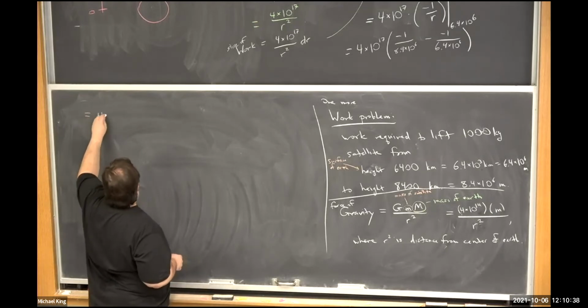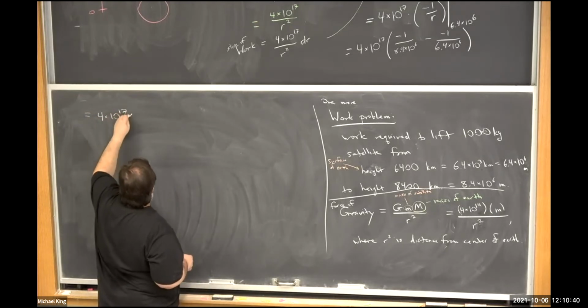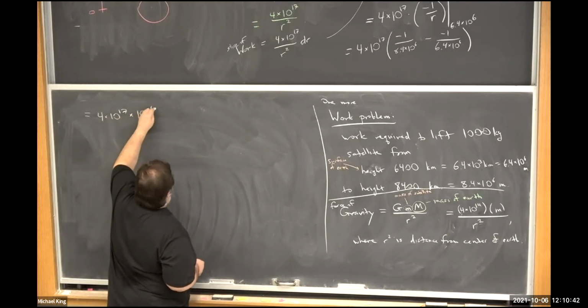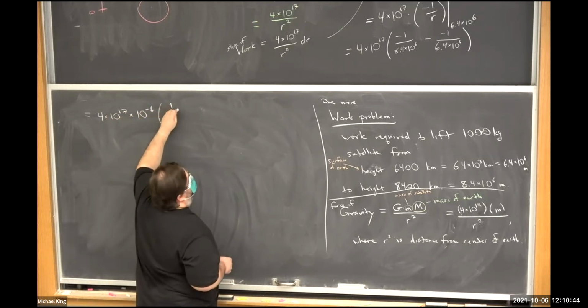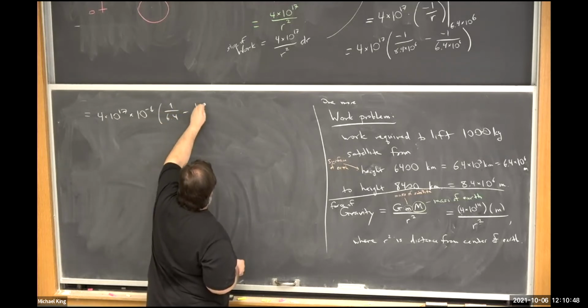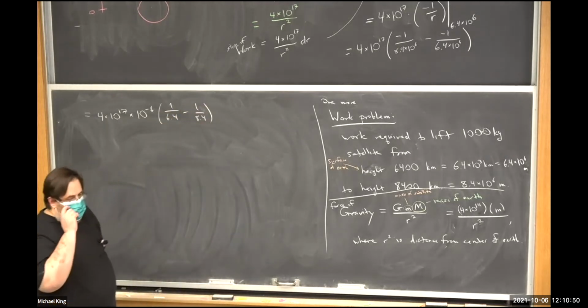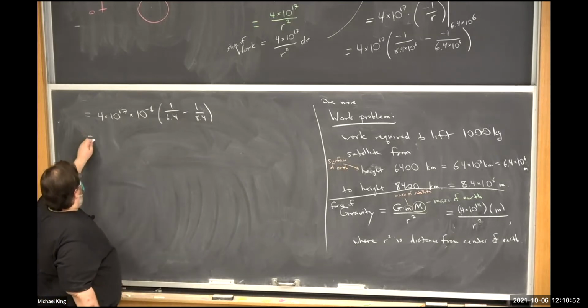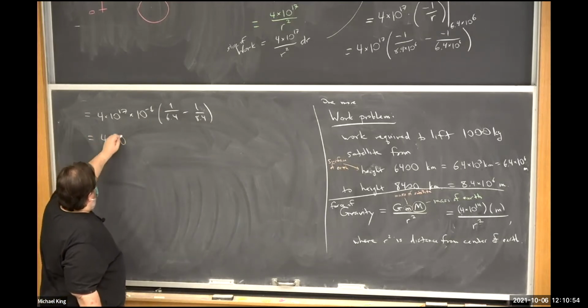So 4 times 10 to the 17th times 10 to the -6th times 1 over 6.4 minus 1 over 8.4. That's 4 times 10 to the 11th.